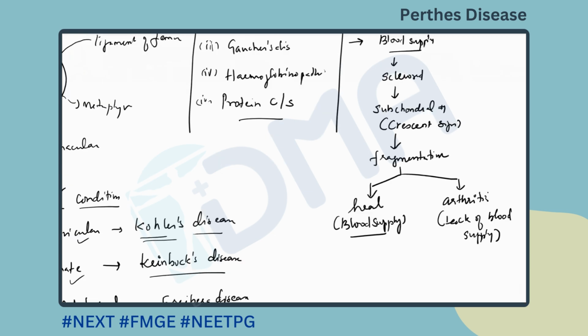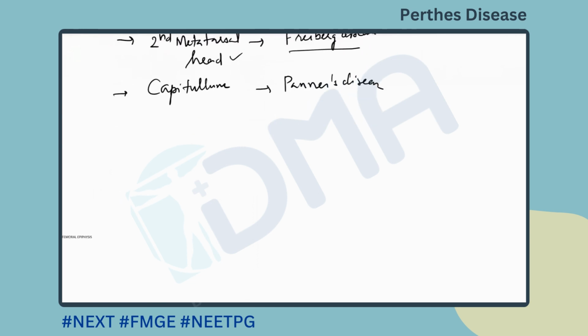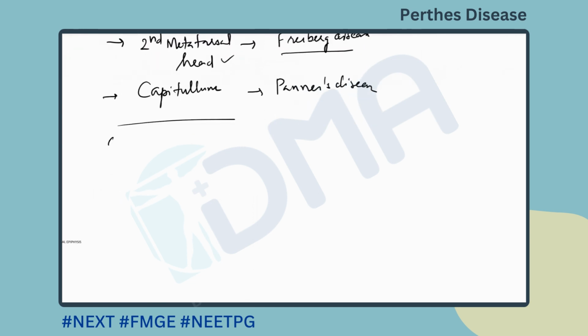There are various classifications to diagnose Perthes disease. A few classification names: one is Steenberg's classification, and there is another called Herring's lateral pillar classification.